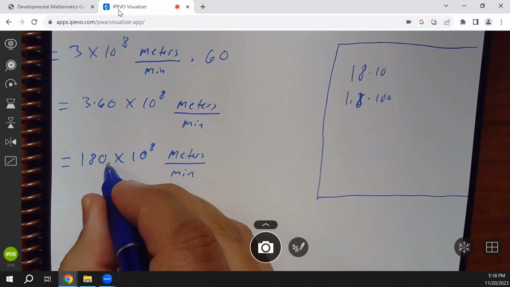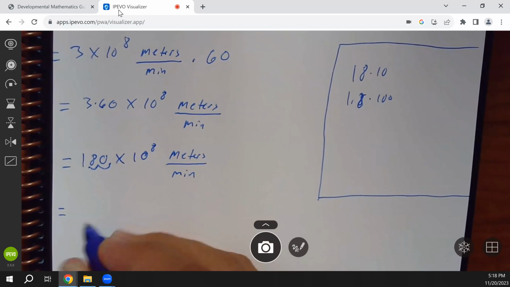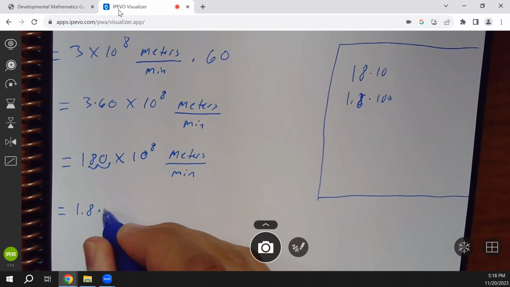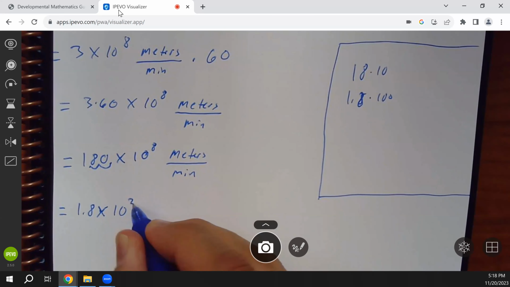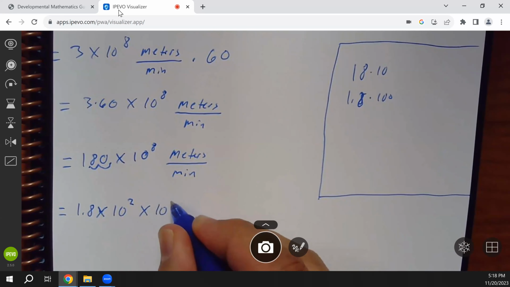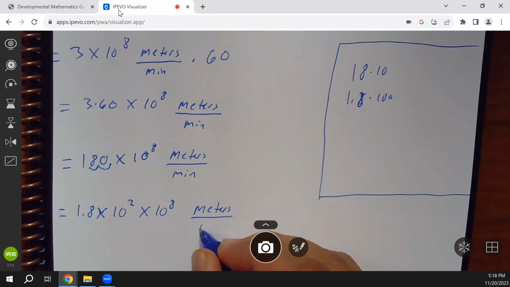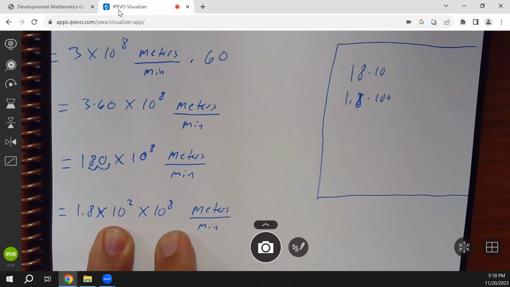So I want you to move it to the left twice, and I end up getting an extra 2 tens. Just add them up. So I have 10 to the 2 times 10 to the 8. How many 10s do I get?